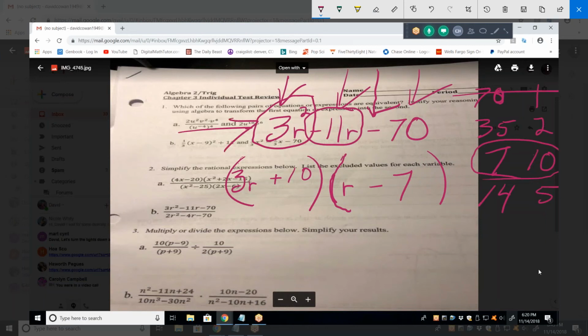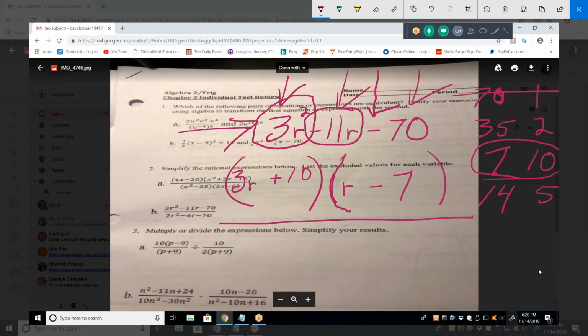Well, usually your life doesn't depend on it, so we don't need to do that. But we know we got the right answer because we split our 3r squareds up properly. We split the 70 up properly. And we just checked the two inside terms, and we got 11r. So I don't need to check it. I'm real confident that I got it.